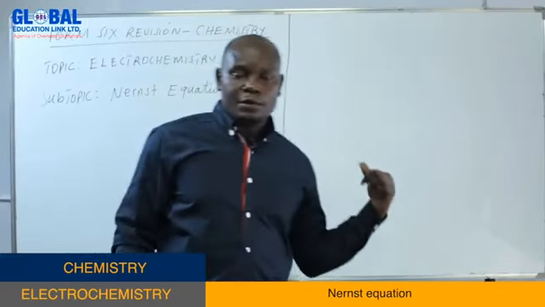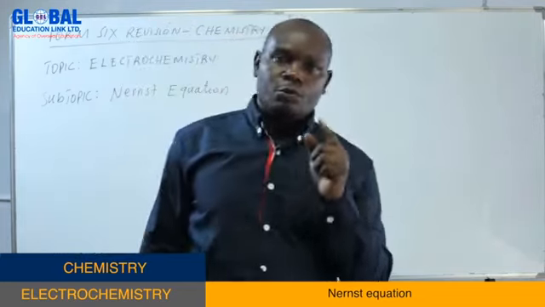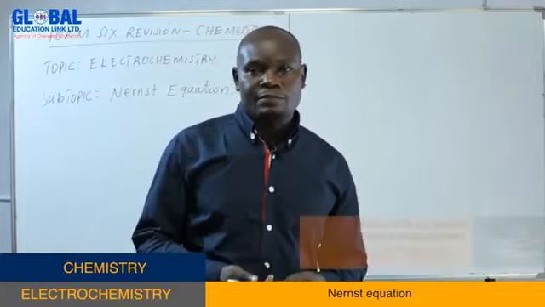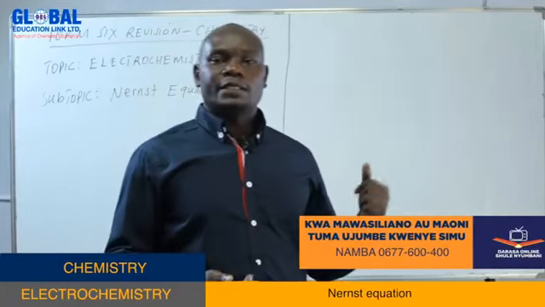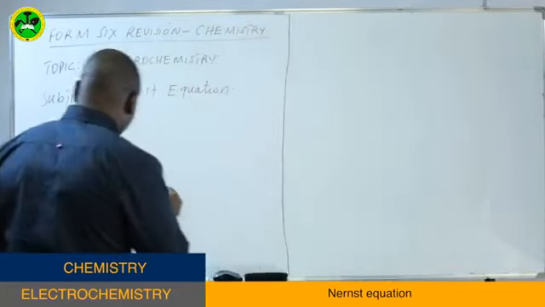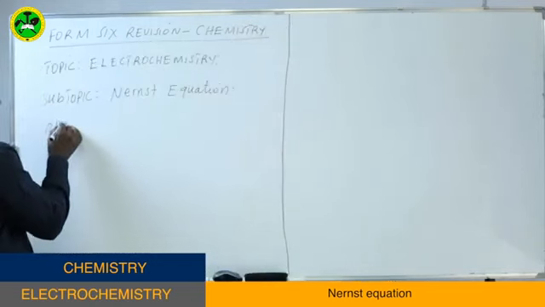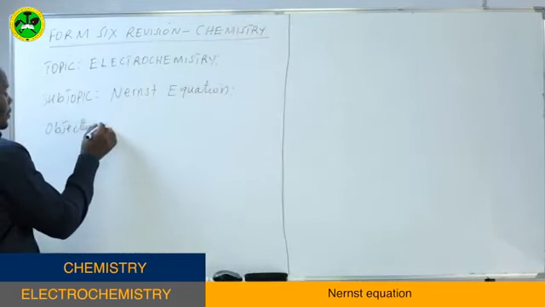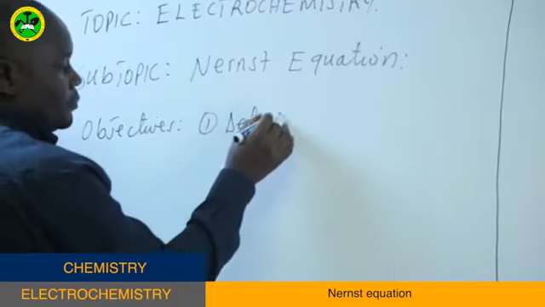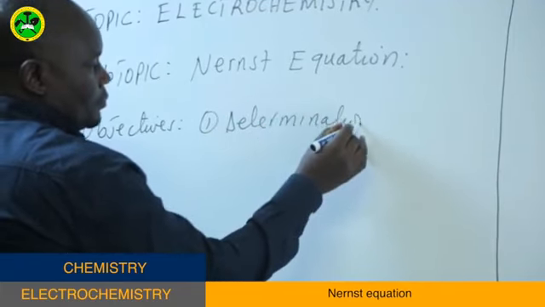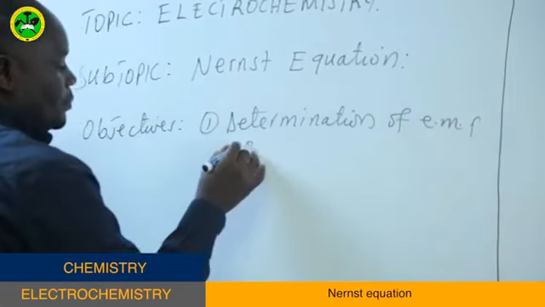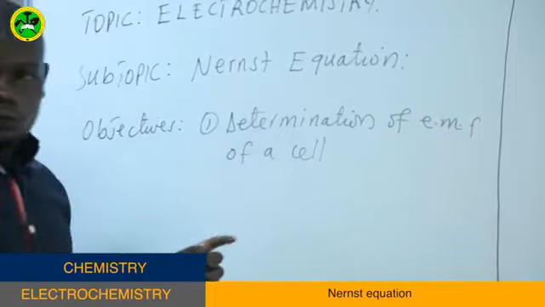Therefore, at the end of this lesson, you will be able to determine the standard enthalpy of a cell by using the Nernst equation, as well as determine the equilibrium constant of the redox reaction. So one is determination of EMF of a cell.